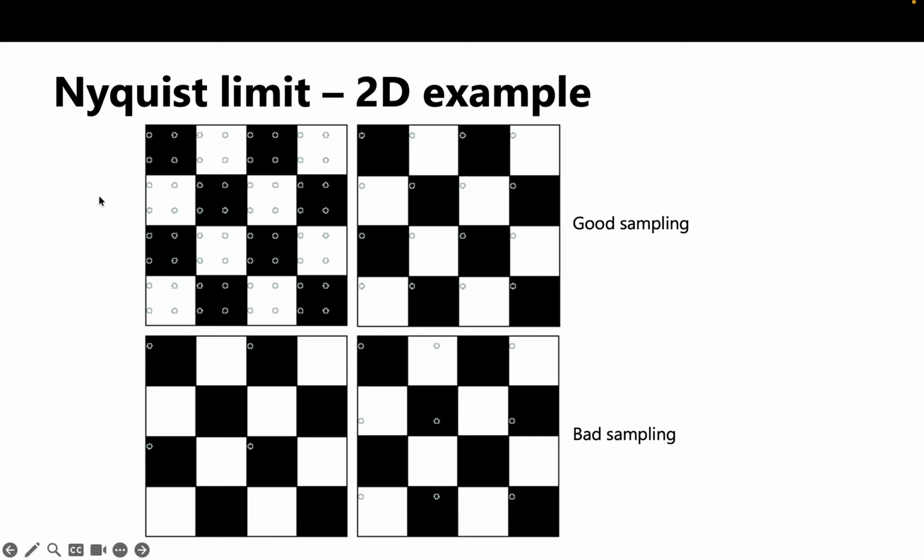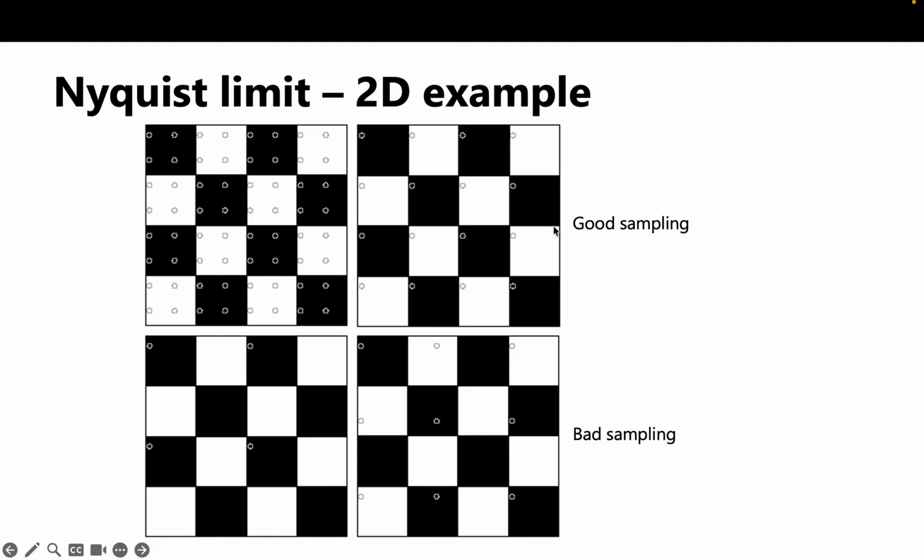So when we talk about the Nyquist limit for an image, for a 2D example, usually the idea is 2 times your image patterns. So all these dots on the image are the samples you use to generate a new image.